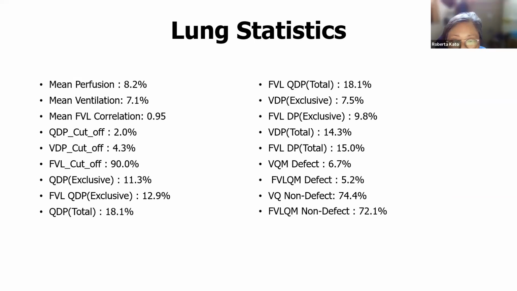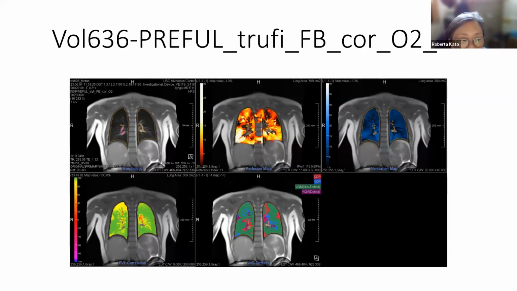Can we go back so I can ask another question? I'm still trying to understand FVL. This FVL in the left lower quadrant, when I'm looking at the data analysis, do we include the FVL percentages, or do we just look at the VQ defects or non-defects?